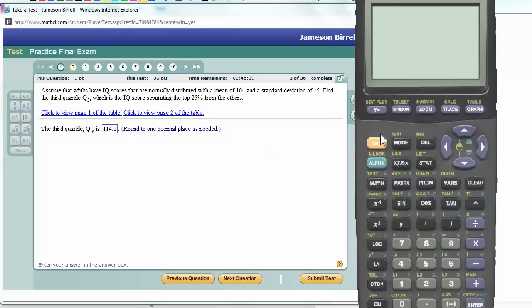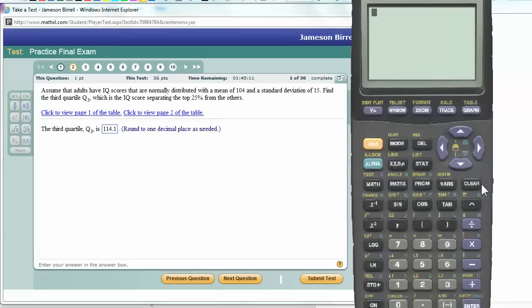So I'll do second, vars, I believe is the one, which takes you to the distribution.